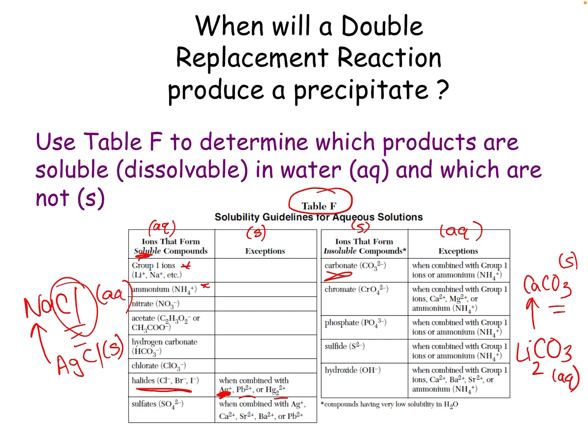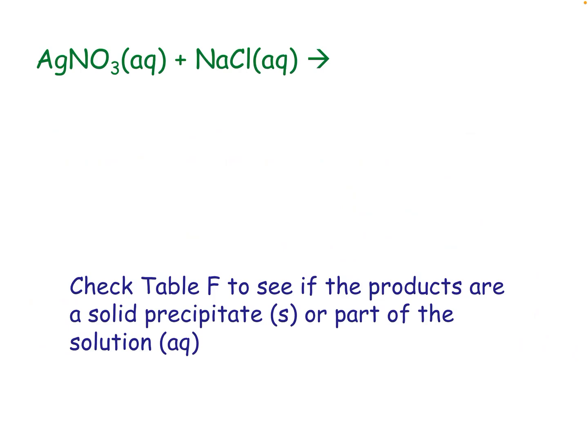So the question says, when will you have a precipitate in a reaction? First of all, it has to be a double replacement reaction. That's the only time. And then we'll use table F to determine that. So here we have our example: silver nitrate and sodium chloride. They're both aqueous solutions.